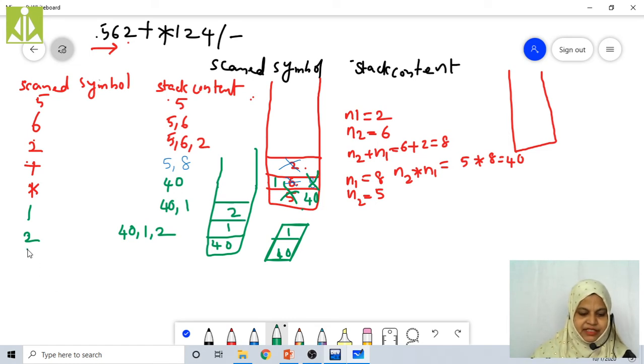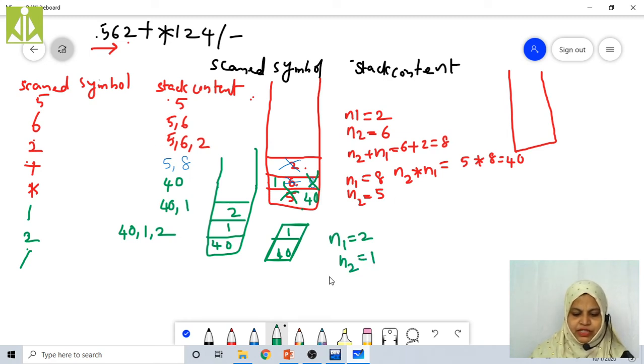Next is the divide symbol. Here 40, 1, 2 is there. First, what is the n1 value? N1 is 2. We first delete this one, n1 is 2, then n2 is 1.